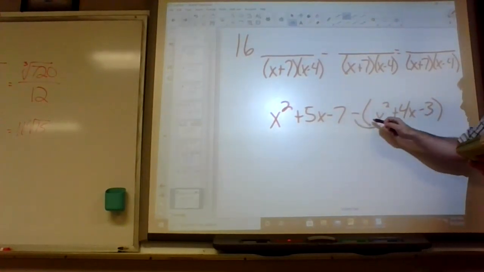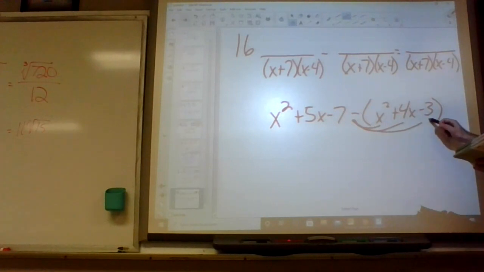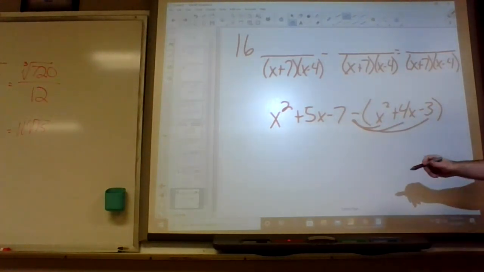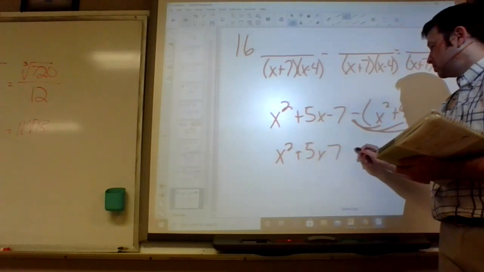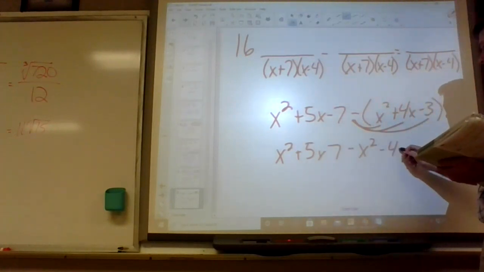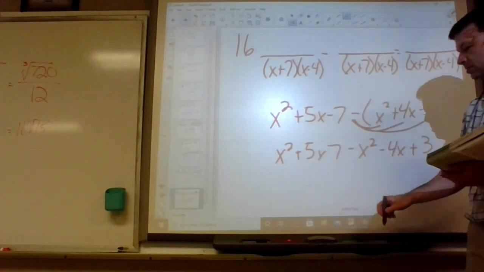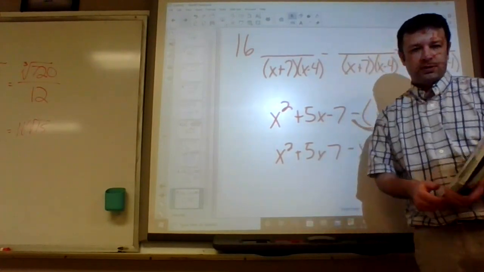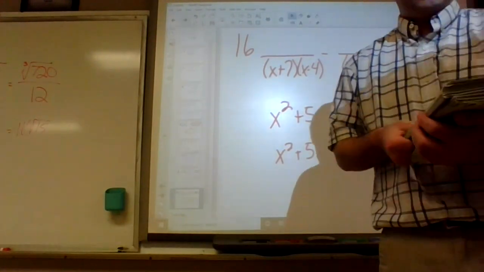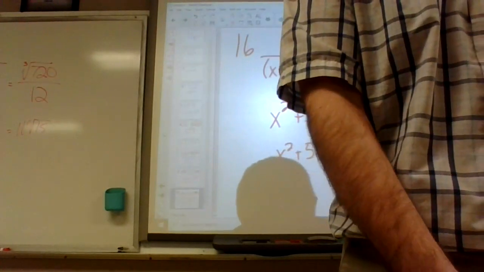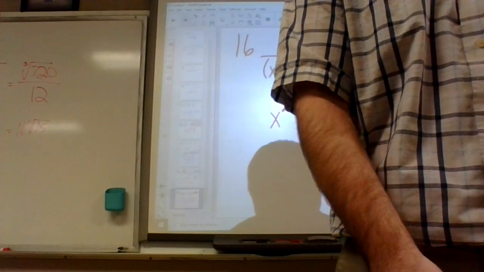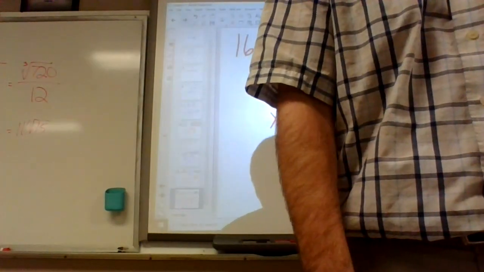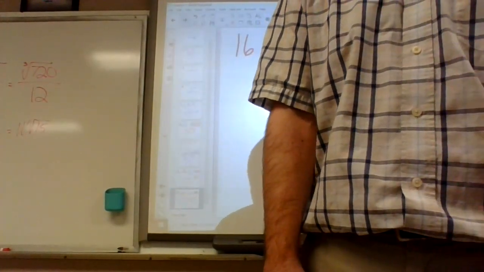So it's minus x squared minus 4x plus 3. Work on that.